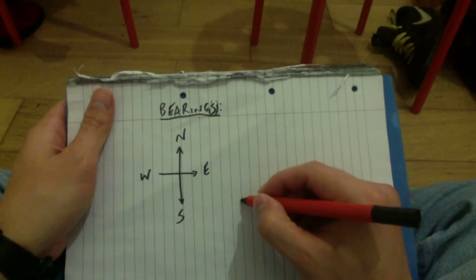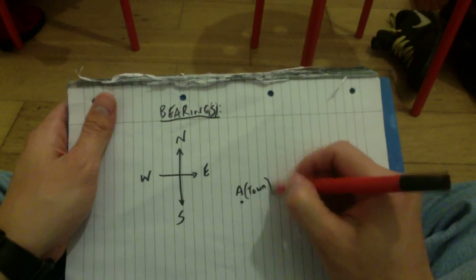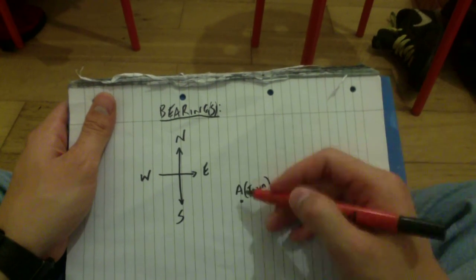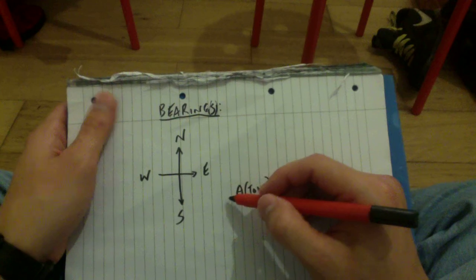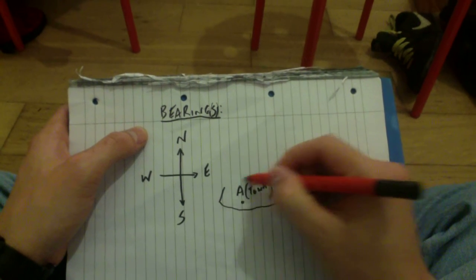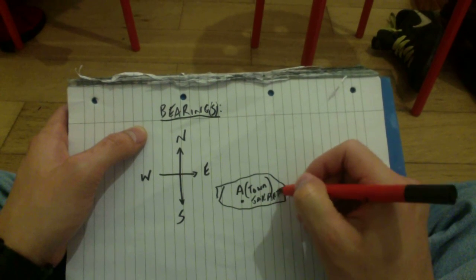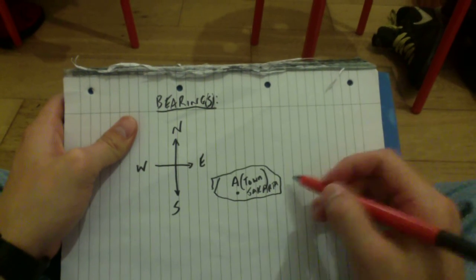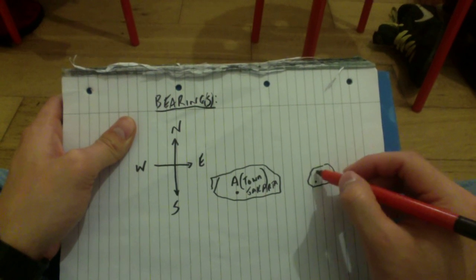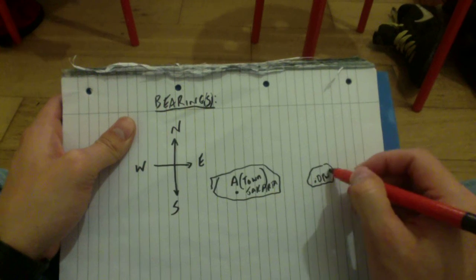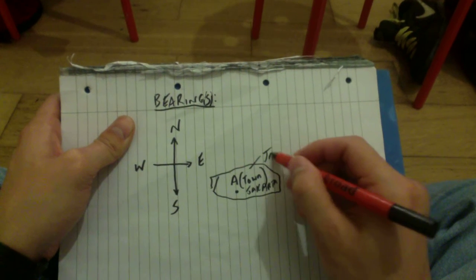So say for example you're at point A, which is a town, and you want to travel or fly to, let's just say this is Jakarta, and you want to go to Bali, Denpasar, which is Bali, Java.